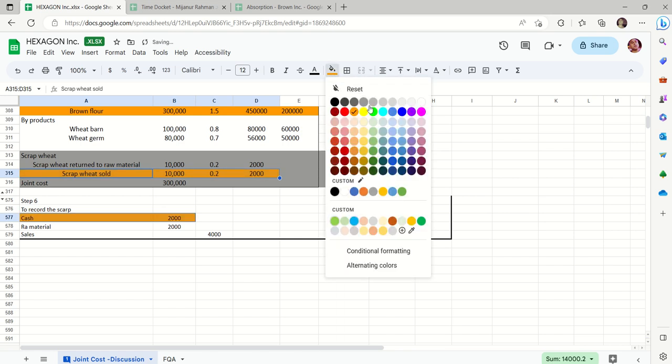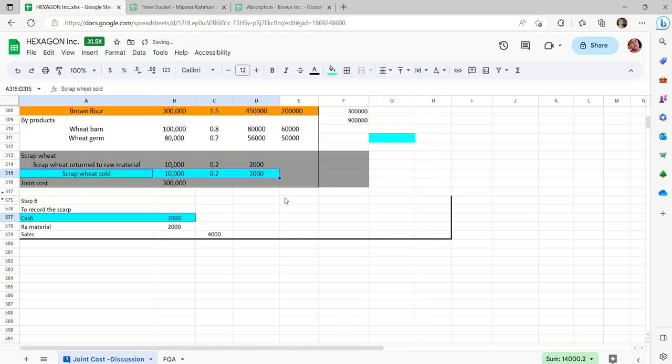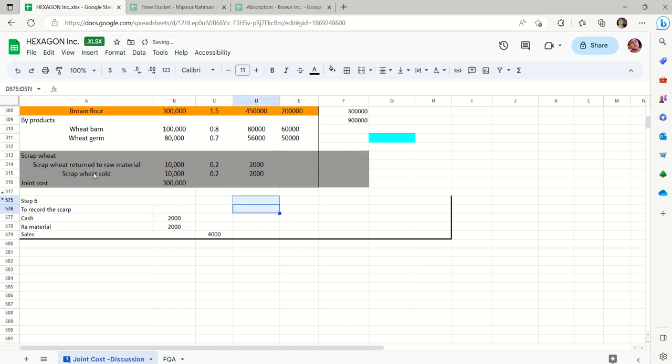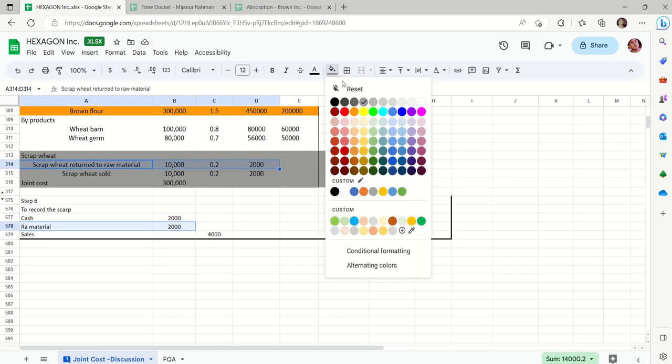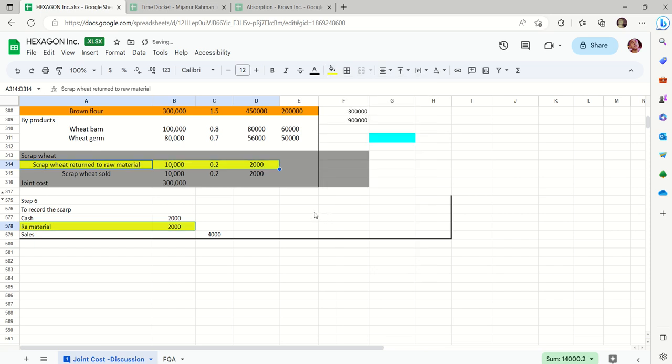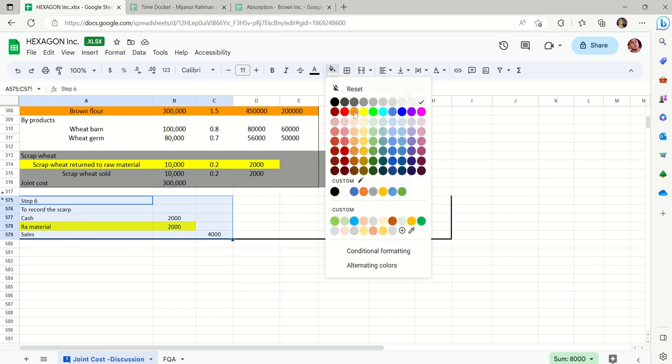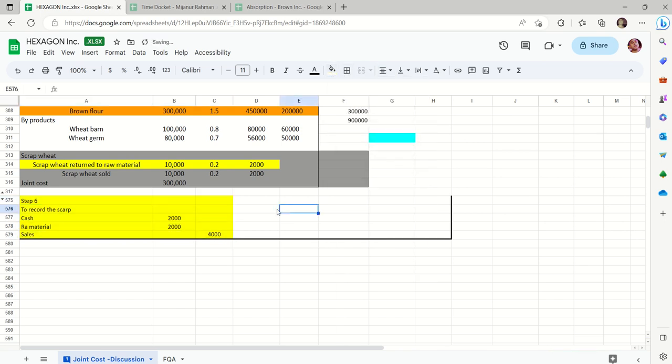No, maybe not orange, perhaps in Keon. We got cash for that, and the raw material right there, 2,000, highlighted in yellow. So we're working in step 6, in yellow right there.